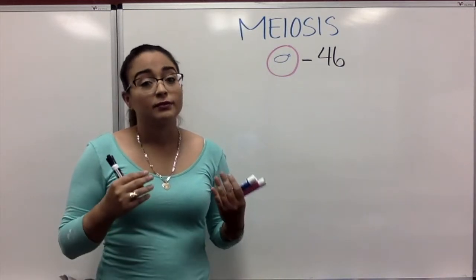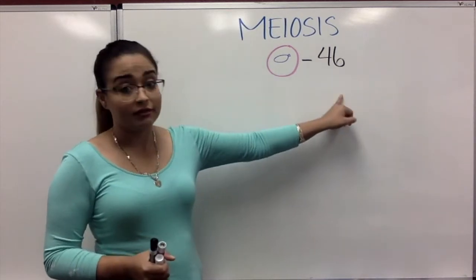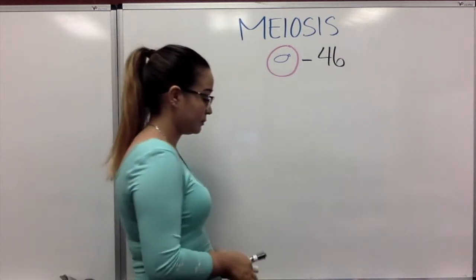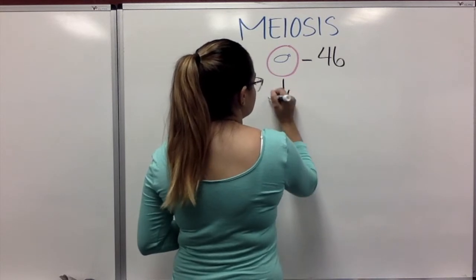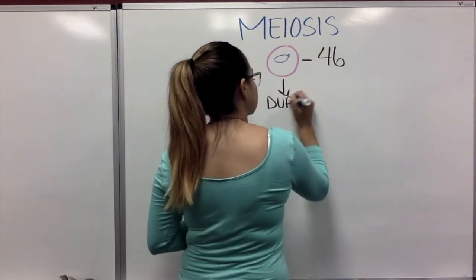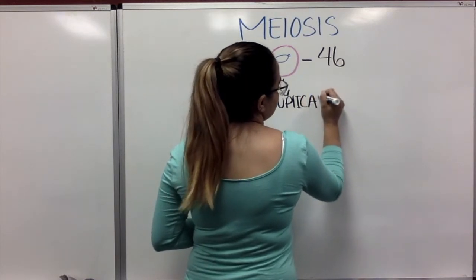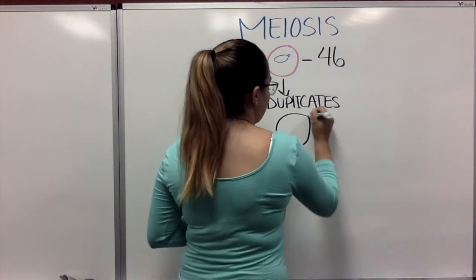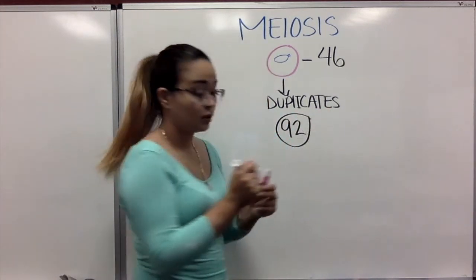After 36 hours of these two uniting, having 46 chromosomes, it duplicates. So then it duplicates and we have 92 chromosomes.